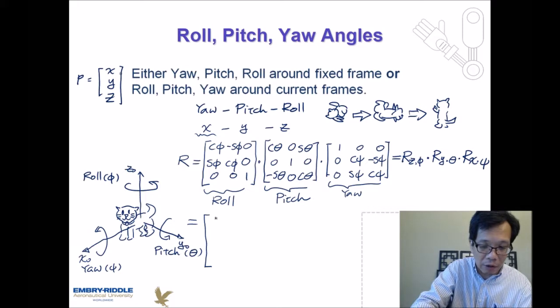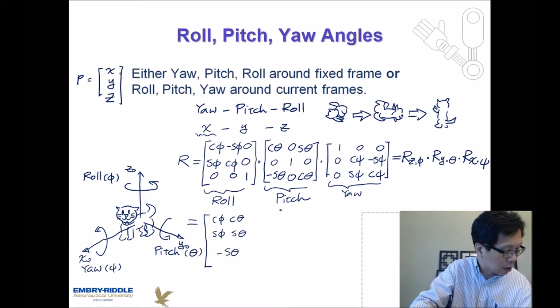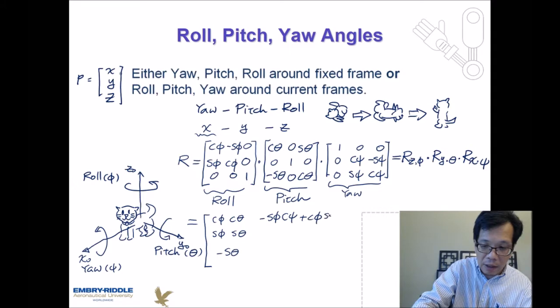After you do all the calculation, you are going to have cosine phi, cosine theta over here. This is going to be sine phi, sine theta. This one is going to be negative sine theta. And the second one is going to be negative sine phi, cosine psi, plus cosine phi, sine theta, sine psi.